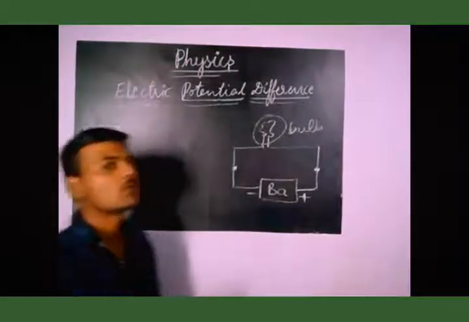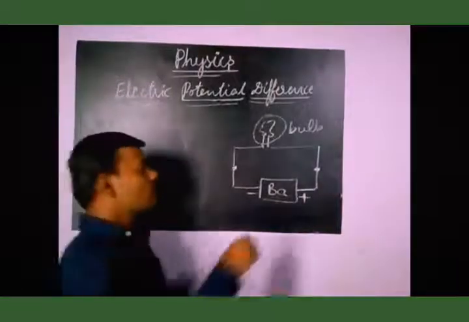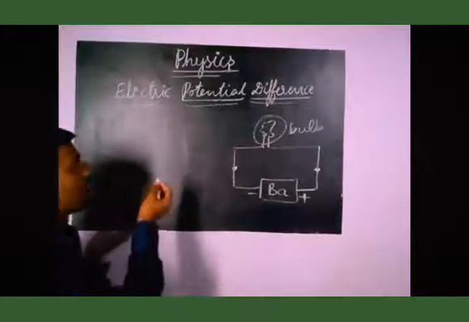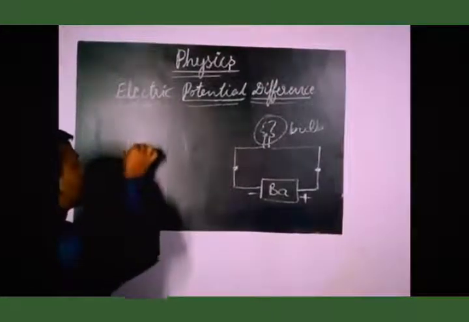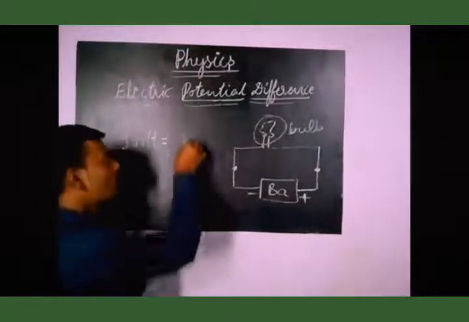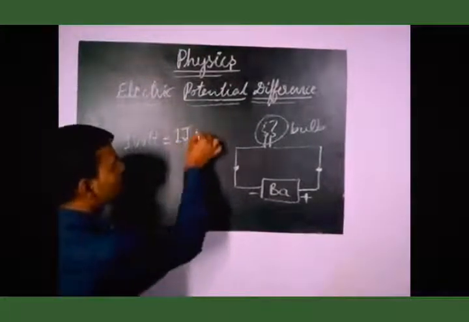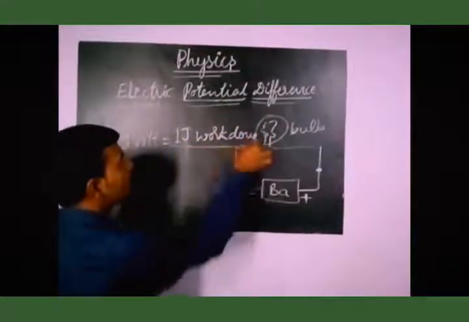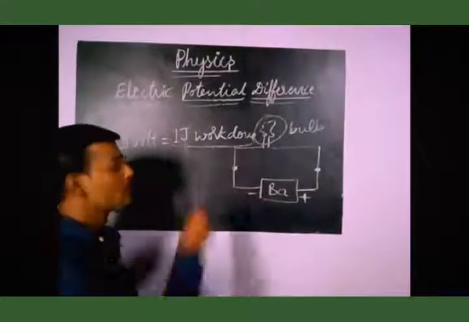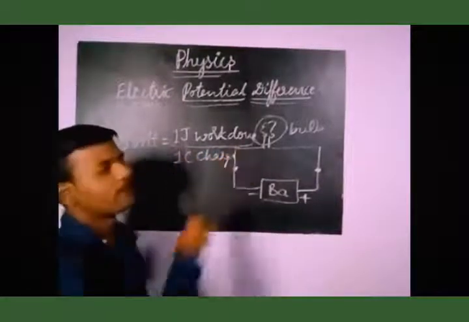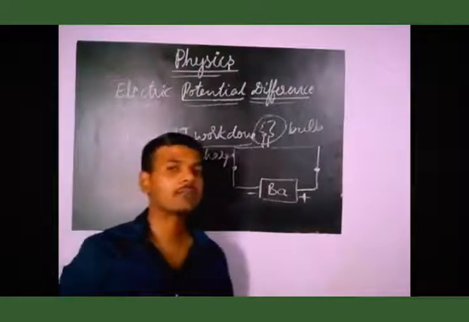So here the charges are moving from one point to another point. The potential difference is said to be 1 volt when 1 joule of work is done in moving 1 coulomb of charge from one point to another point.